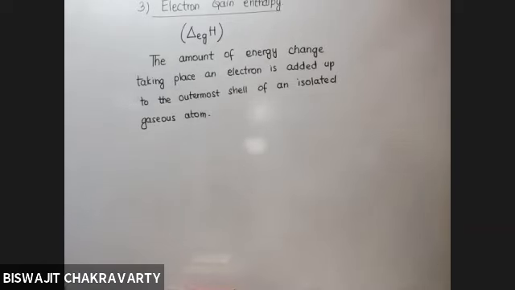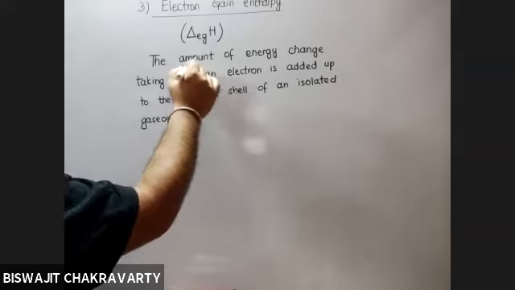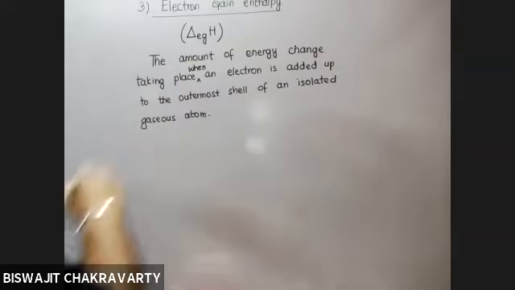So what I was saying was, it is the amount of energy change taking place when an electron is added up to the outermost shell of an isolated gaseous atom.